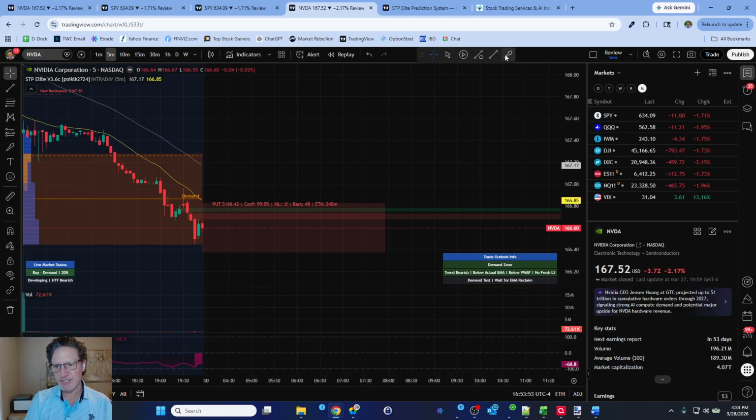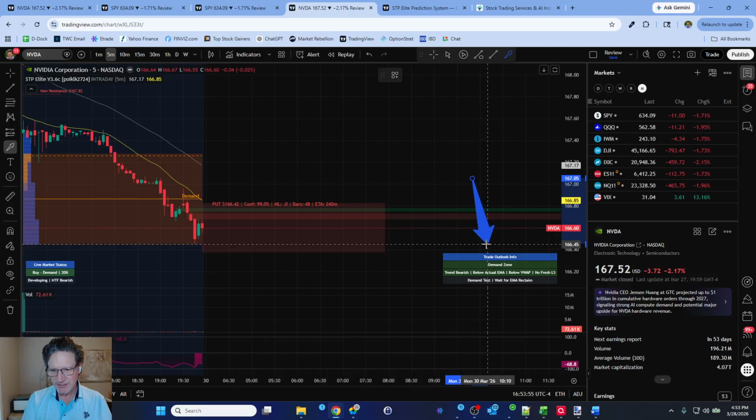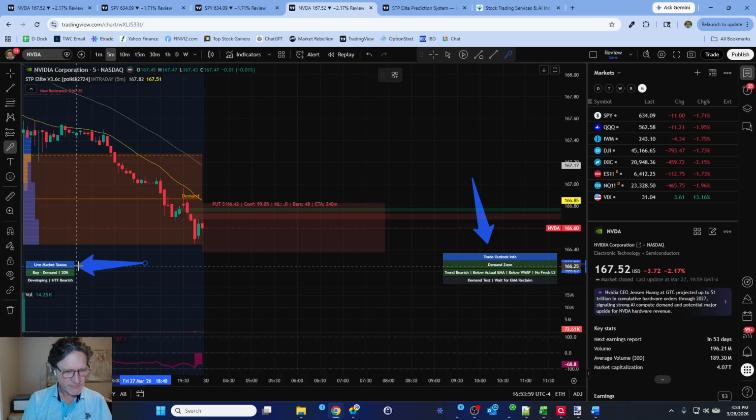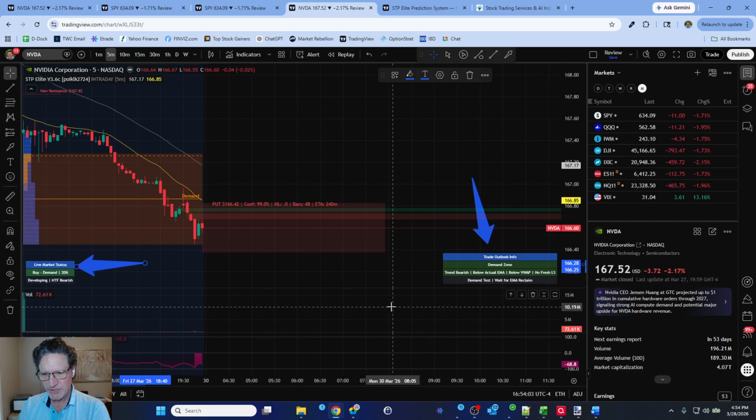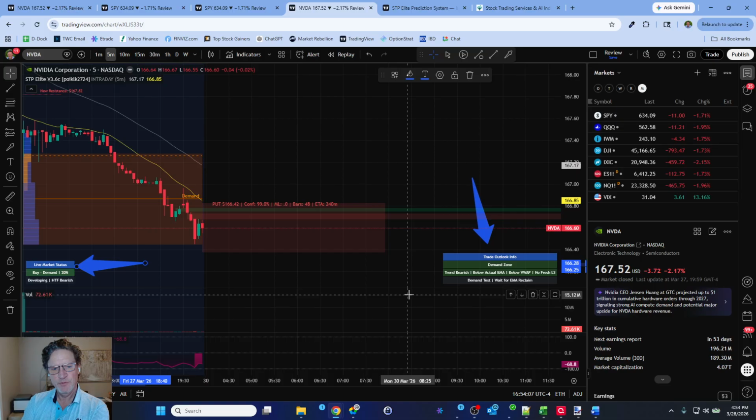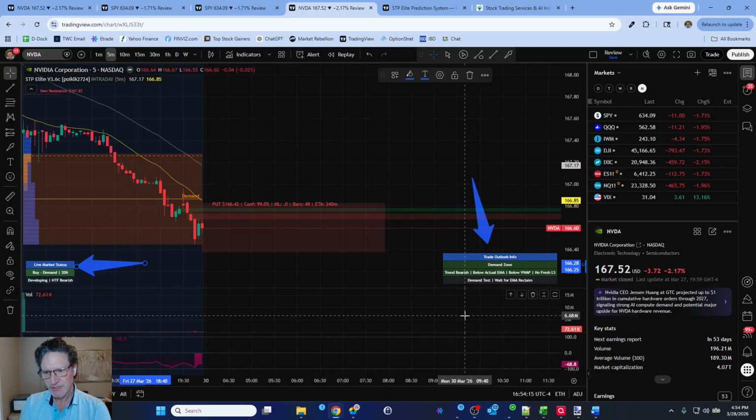Another thing you're going to notice that I've created is these tables of information. And these tables, one is forward looking. So this is telling you what's going to happen here. So this is saying moving forward, the outlook says you're in a demand zone. So that's correct. We're in this orange demand zone. We're also seeing the trend is bearish.